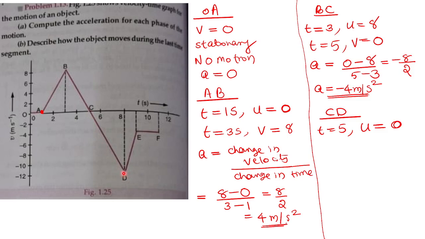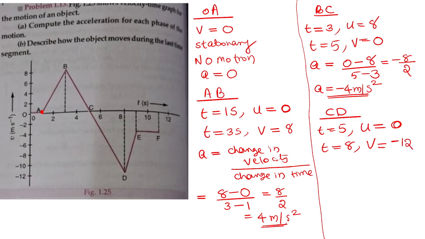At D, time is 8 seconds. What is the velocity when time equal to 8 seconds? The velocity is minus 12, I think so. When time equal to 8 seconds, velocity is minus 12.